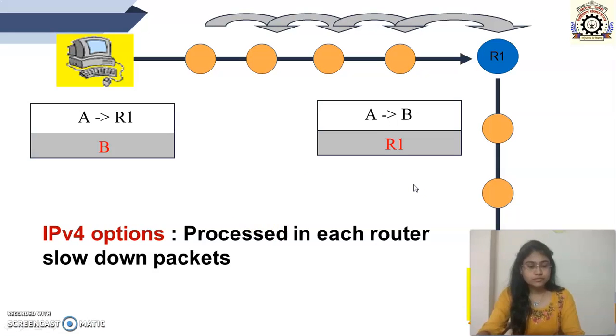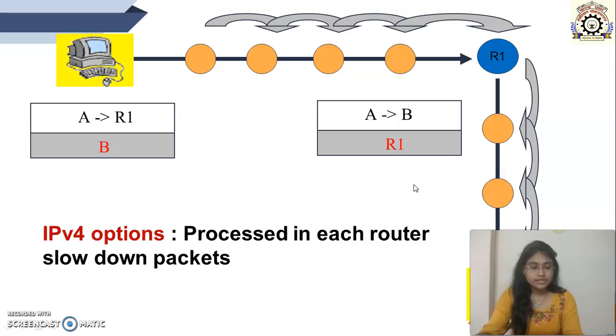So when it is forwarded to the destination B, it means that it is processed by each and every intermediate router indicated by the blue color and each and every node indicated by the orange color.